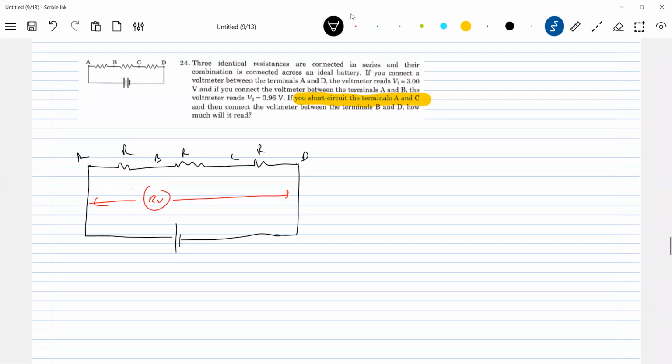The reading of this will be 3 volt. So what should be the value of EMF? EMF must be 3 volt because it's directly connected in parallel to the cell. So here E must be 3 volt and VAD is 3 volt. So we got the EMF of the cell first. Then I will connect it across.